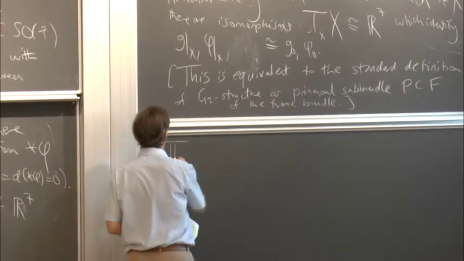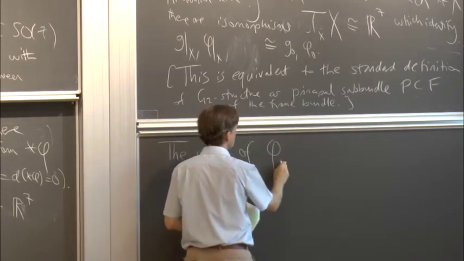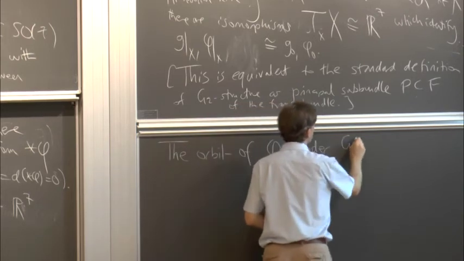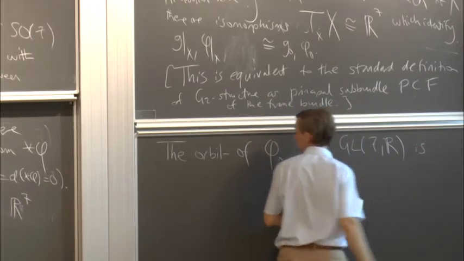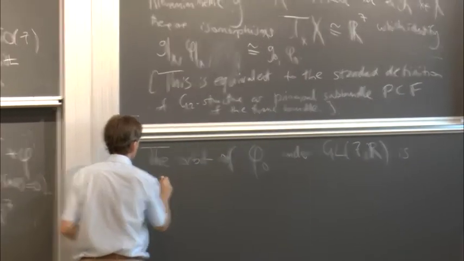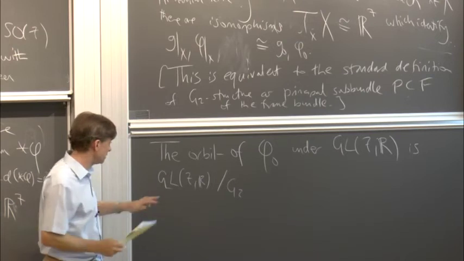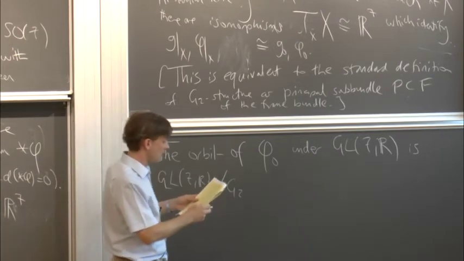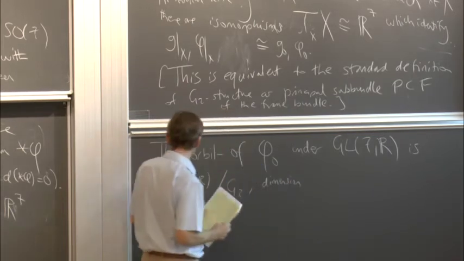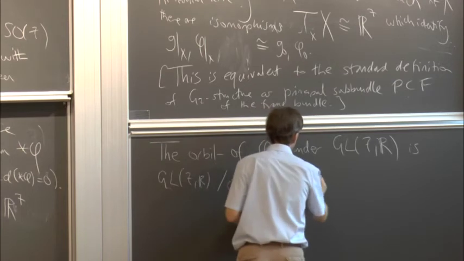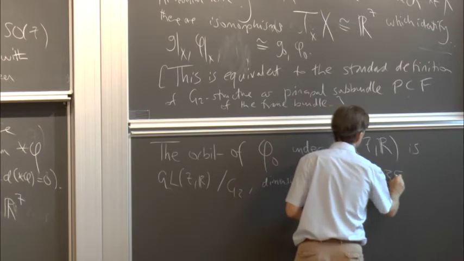The orbit of phi 0 under GL7R is actually isomorphic to GL7R divided by G2, because G2 is the stabilizer group of phi 0, which has dimension the dimension of GL7R, which is 7 squared, 49, minus the dimension of G2, which is 14, is 35.